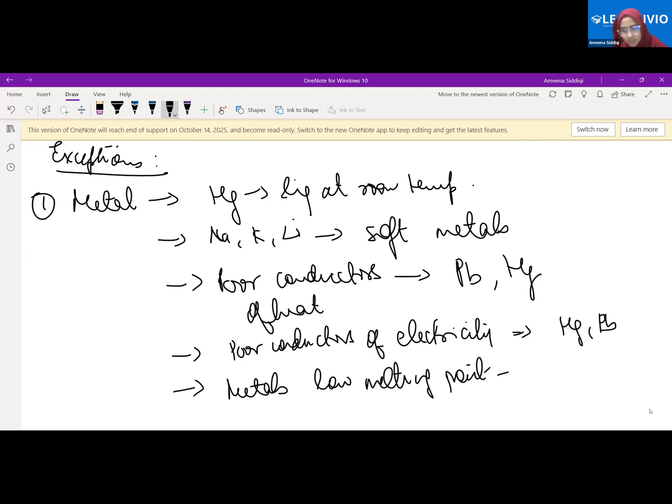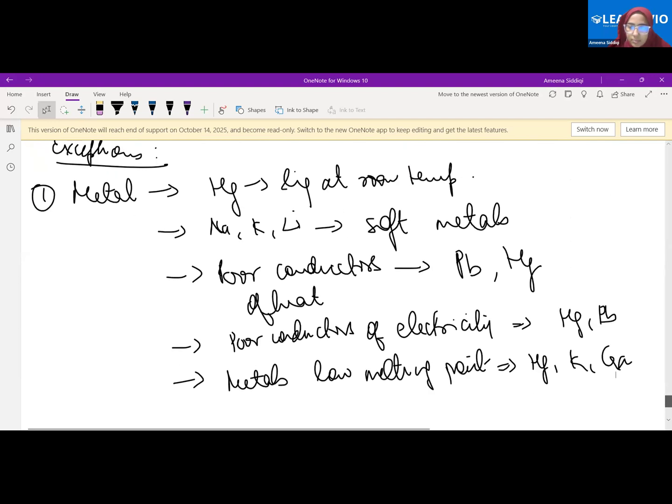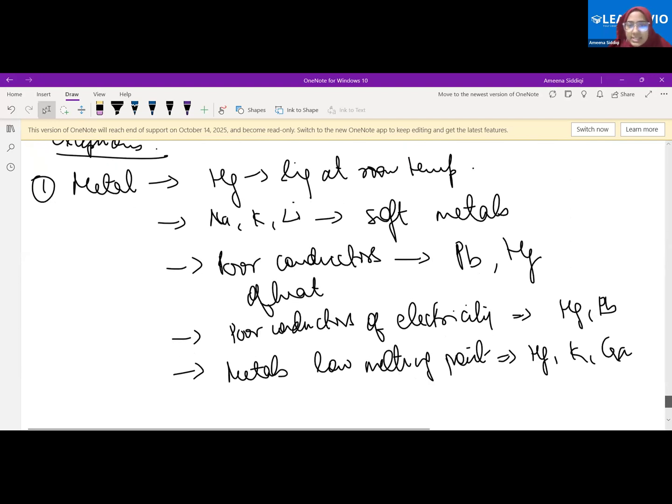These are the exceptions: mercury, potassium, gallium, very important. So these are some of the examples here. Is it clear? Any problem? And gallium, Ga stands for gallium.